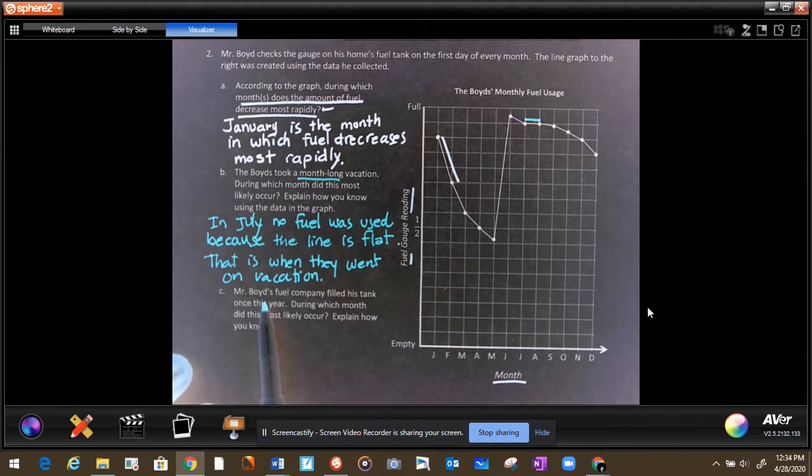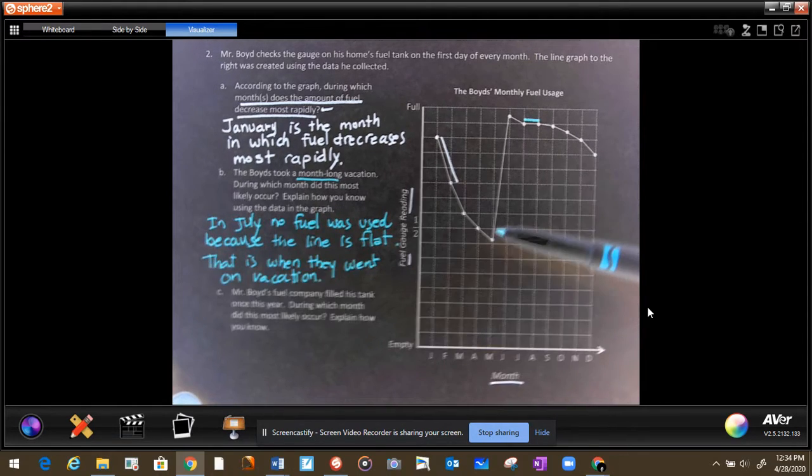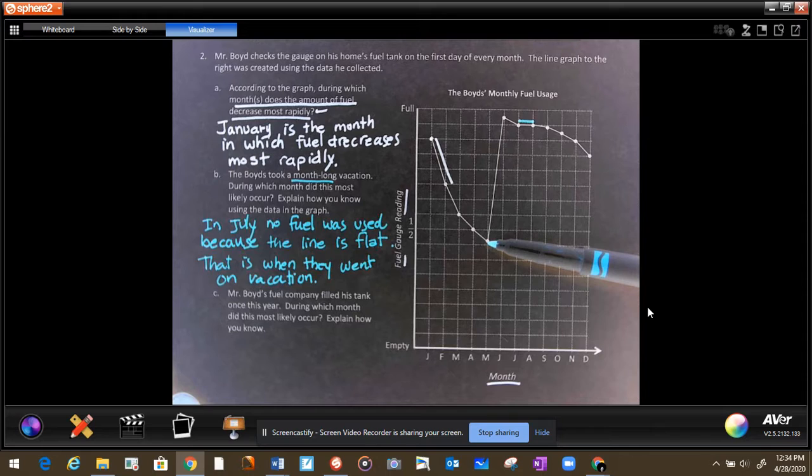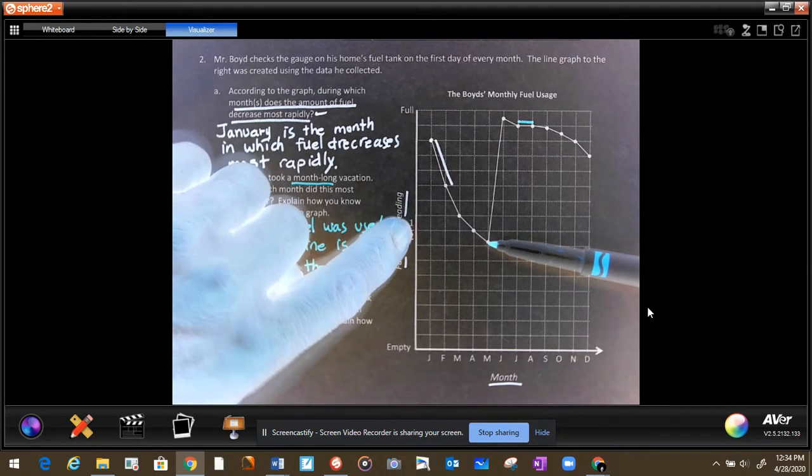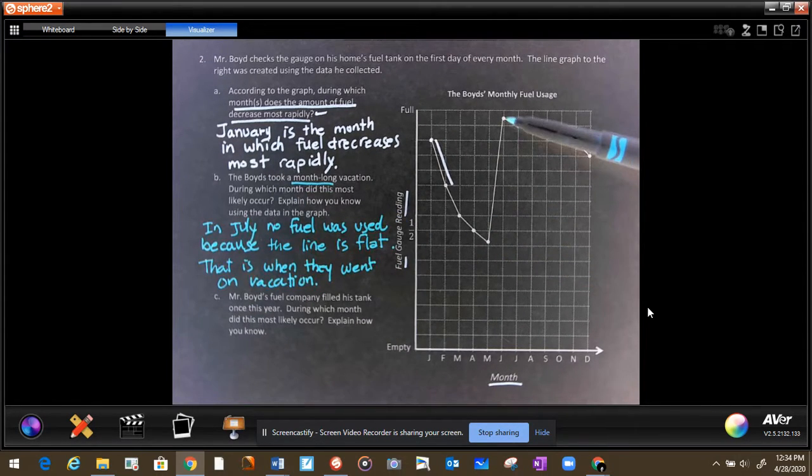So this says Mr. Boyd's fuel company filled his tank. So you can see if we look at the graph, oh look, this is where he was. It was less than half a tank, and then he got filled up all the way. So it was in the month of May.